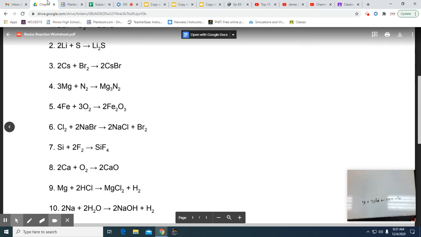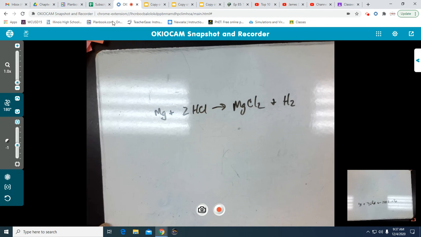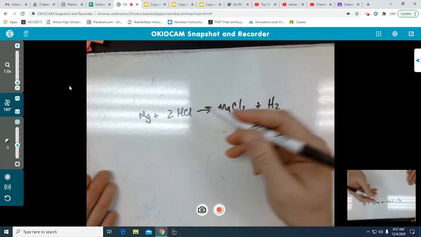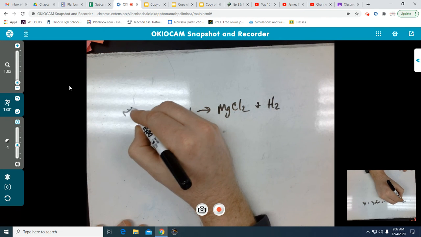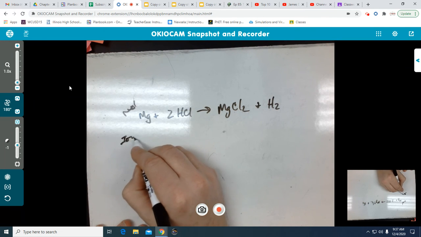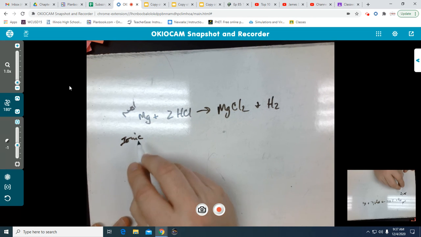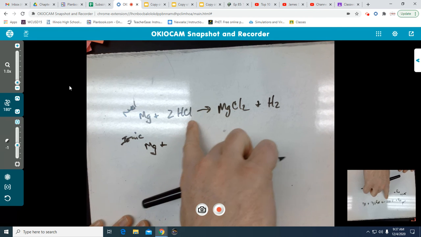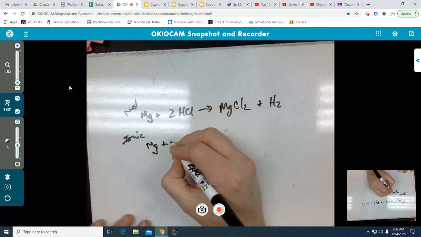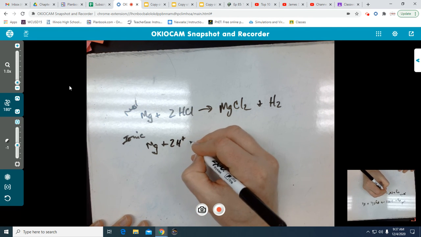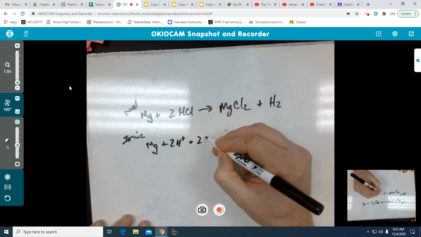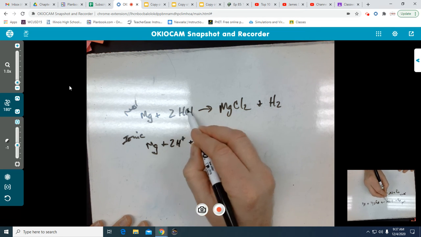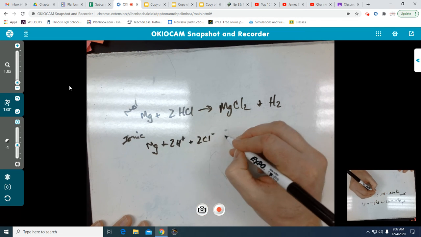Since this one's a little more involved, I'm going to do the ionic equation from the balanced molecular equation, which will simplify my life a little bit. So Mg plus, hydrochloric acid is a strong electrolyte, so we have 2H+ plus 2Cl-. Again, that coefficient of 2 has to go into everything.